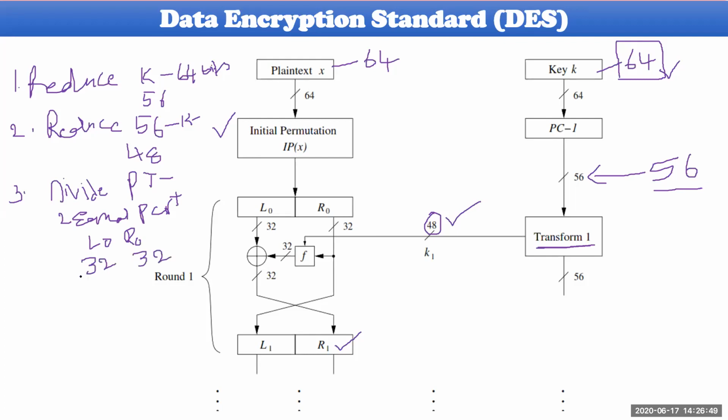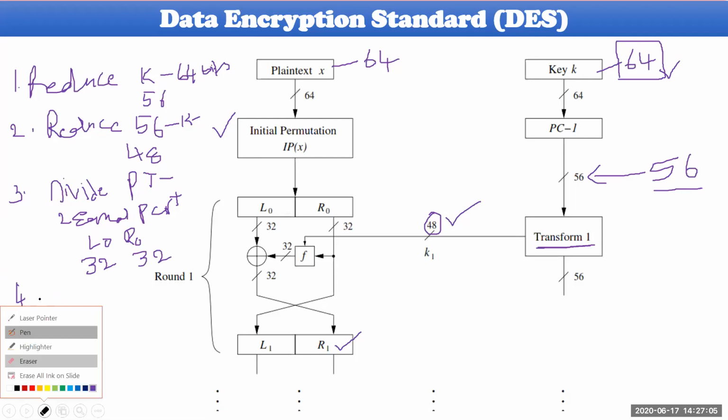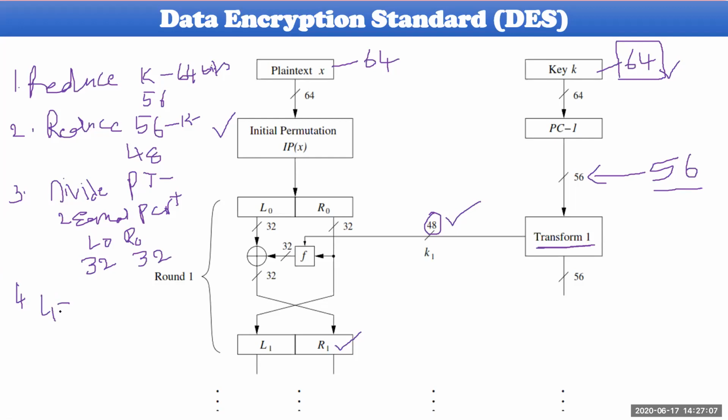The fourth: R0 will be directly forwarded, so in the next round L1 will take R0 directly, there is no hesitation at all.